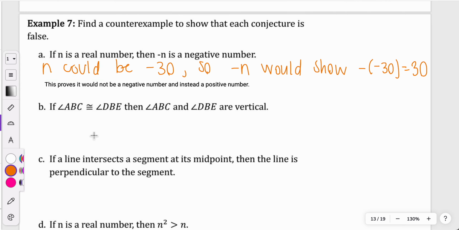If angle ABC is congruent to angle DBE, then angle ABC and angle DBE are vertical. Okay? Notice that they both have a vertex of B, but they don't have a matching side. So what could be happening is you've got like, here's ABC, and then here is DBE.